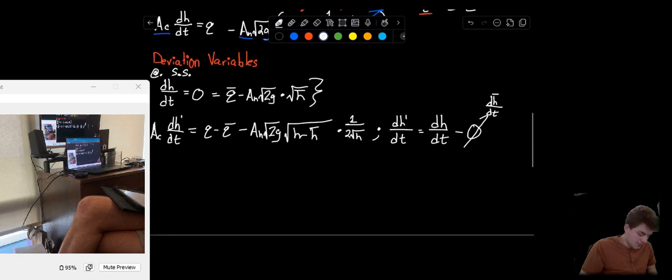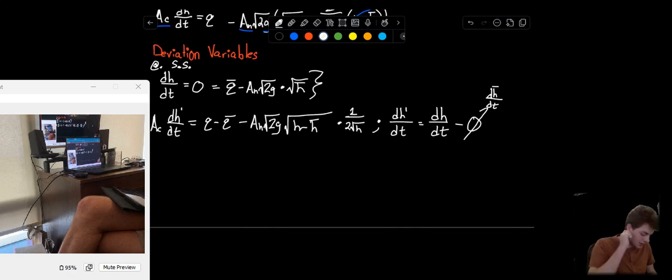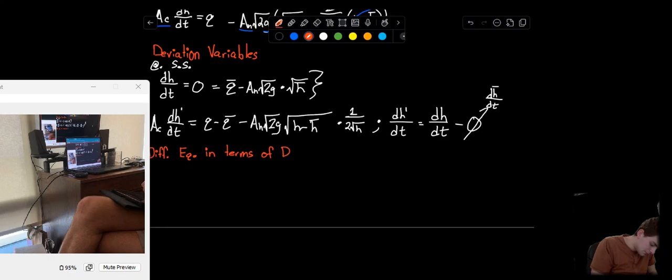And so now what we've found ourselves is our differential equation in terms of deviation variables. And so this is kind of an important step. And it's been linearized as well.